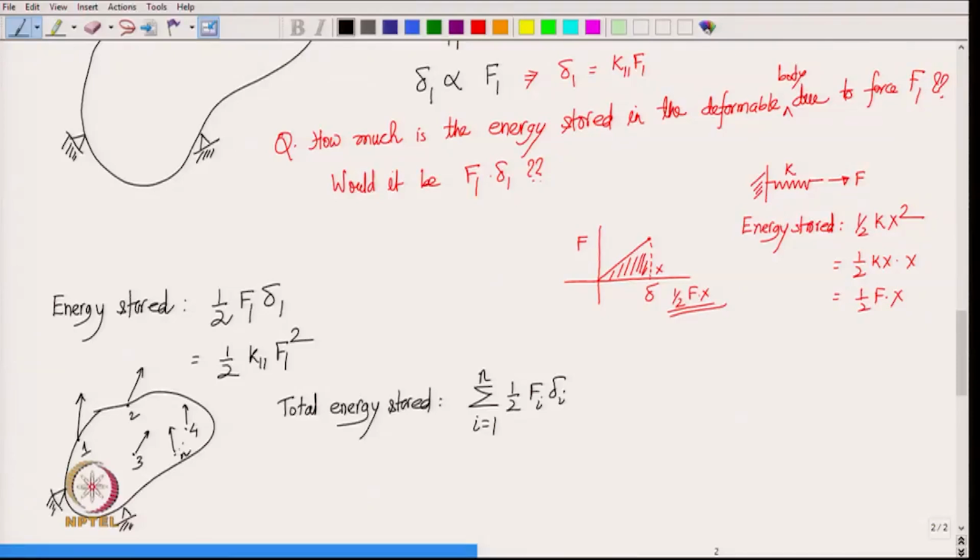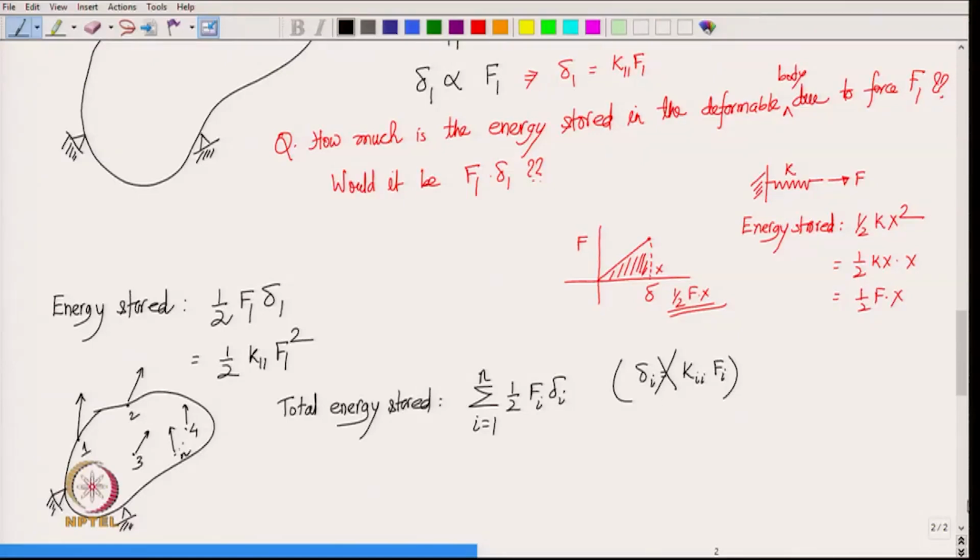Okay. But now delta_i is not K_i into F_i. So, do not think that delta_i is K_i into F_i. So, that is not the case anymore, because you do not have single force acting, you have so many forces.